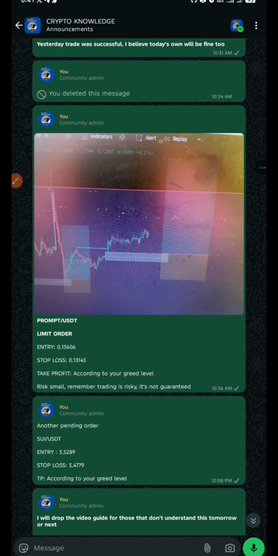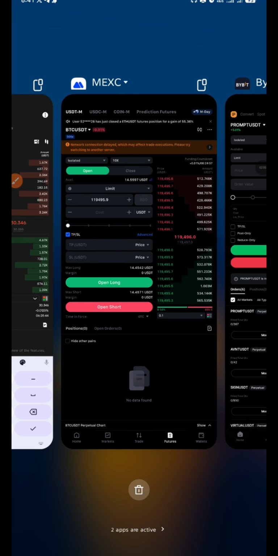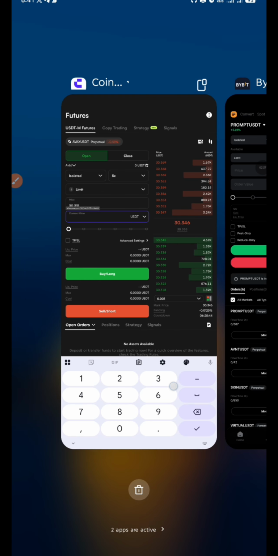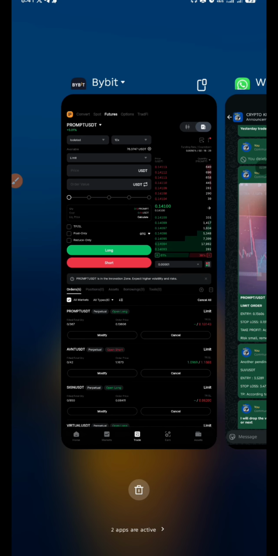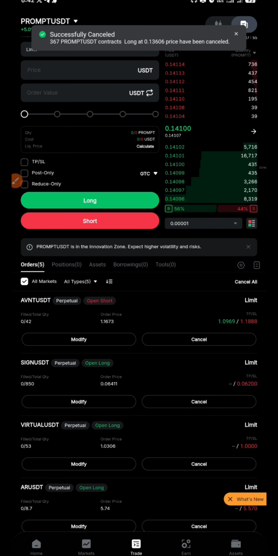Instead, the token is still going up. It has refused to come and touch our entry. So when you get a signal like this, I also trade with MEXC and CoinW as well, but let me leave those for now. Let me cancel this PROMPT trade that I entered so I can re-enter it again.